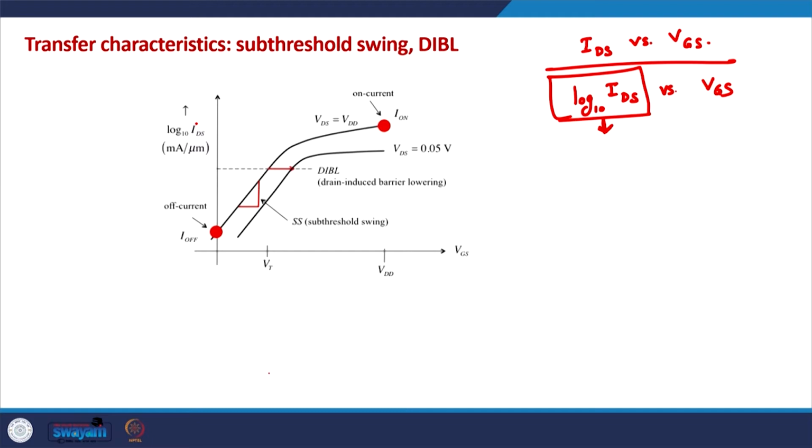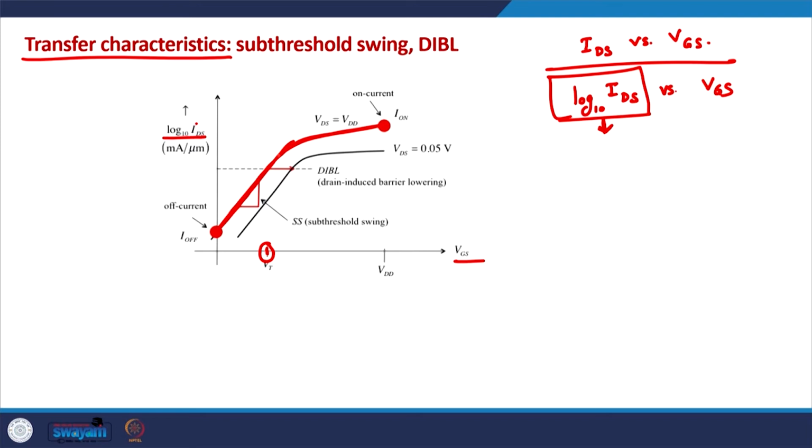So if we analyze the IV characteristics, especially the transfer characteristics, on a log scale of the current, which means if we plot log 10 IDS versus VGS very close to the threshold voltage, this is the kind of plot that we see.